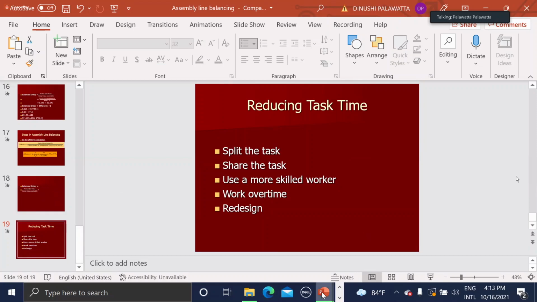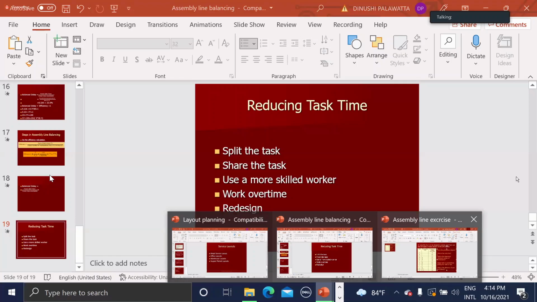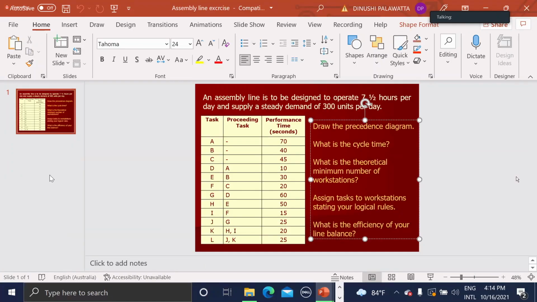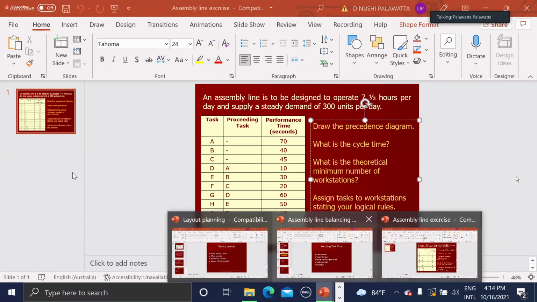Actually, we get the examination questions. Let's say this question.